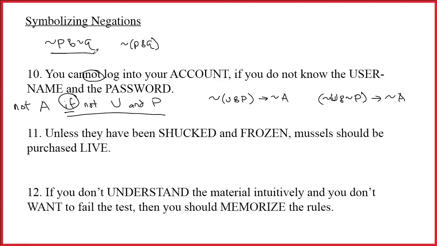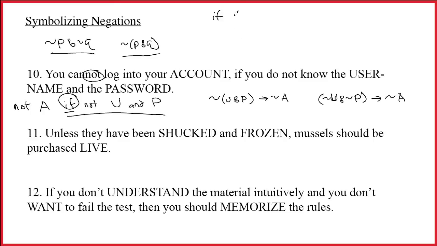This means negate both parts. Negate both. This means negate at least one. But for some reason, when we have complex negations after if, our intuitions are so bad, I have suggested that we watch for some basic patterns in this sense.